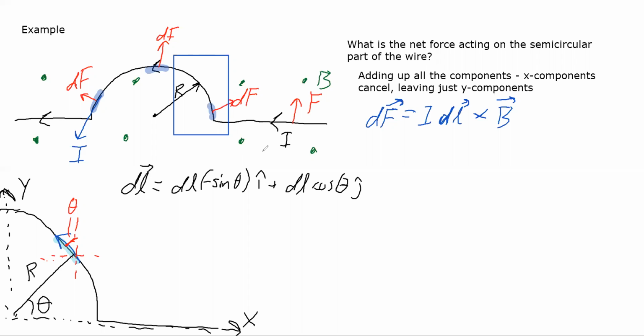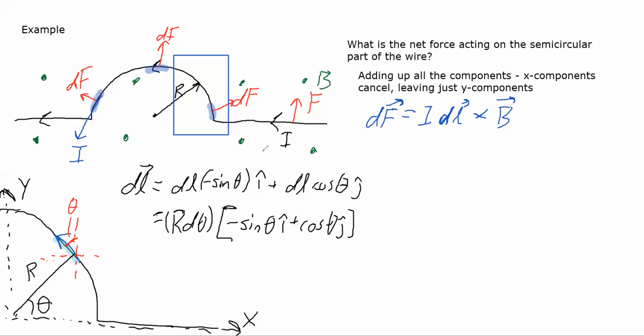Okay, I'm going to make one more substitution here. What is DL? Well, we're looking at an arc, right? DL is just arc length, so it's R d theta here for DL. And then of course you have all this stuff, negative sine theta i hat plus cosine theta j hat. That's my DL.